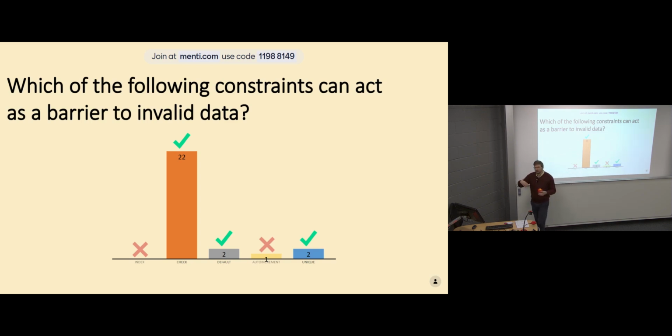Default prevents you from just leaving it empty. And unique means everything has to be unique, so it ensures consistency in the database. Auto increment, I guess you're not completely wrong because it ensures it increments every iteration, but it's not a check itself. You can still override the auto increment if you want, unless you apply a check on it instead.